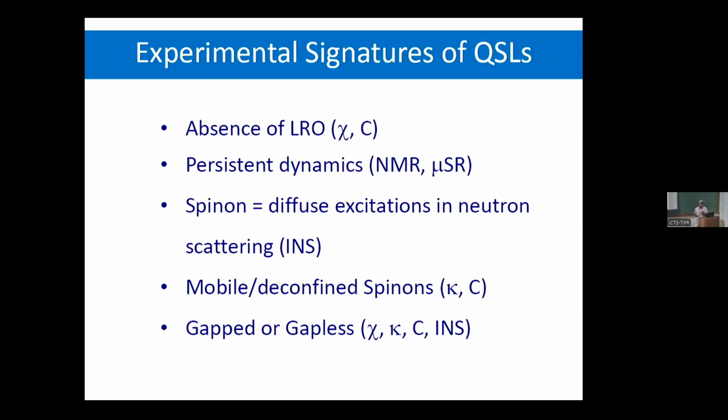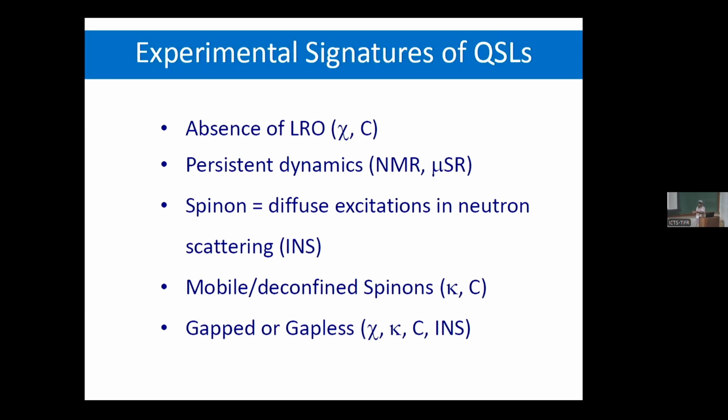So as an experimentalist, how do I search for quantum spin liquids? What are the experimental signatures that I will find? The first thing is that I have an interacting collection of spins which don't order, and therefore the absence of long-range order can be found in thermodynamic measurements like the susceptibility and heat capacity.